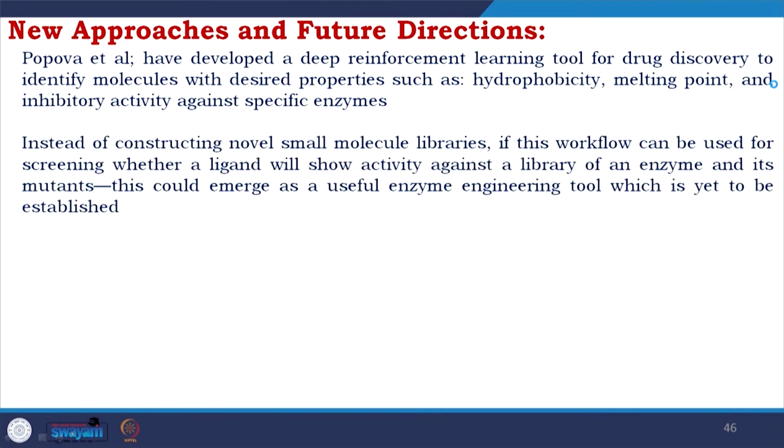Instead of constructing novel small molecule libraries, if this workflow can be used for screening whether a ligand will show activity against a library of an enzyme and its mutants, this could emerge as a useful enzyme engineering tool which is yet to be established.